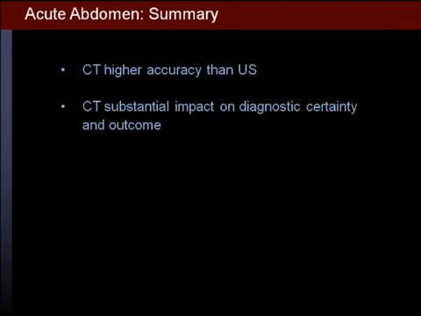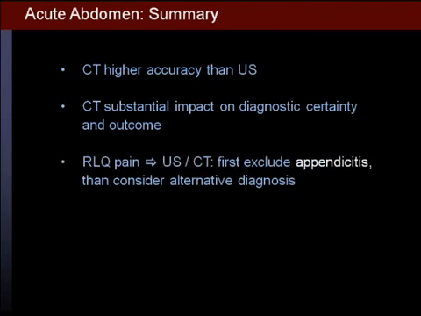I would say that in patients with acute abdomen, CT clearly has a higher accuracy than ultrasound. CT has a substantial impact on diagnostic certainty and outcome. In patients with right lower quadrant pain, think first of appendicitis or exclude appendicitis and then consider the alternative diagnoses listed. People use ultrasound first if they're young patients, or go immediately to CT, in particular in elderly patients.